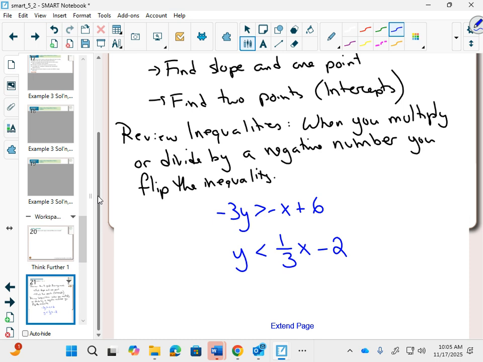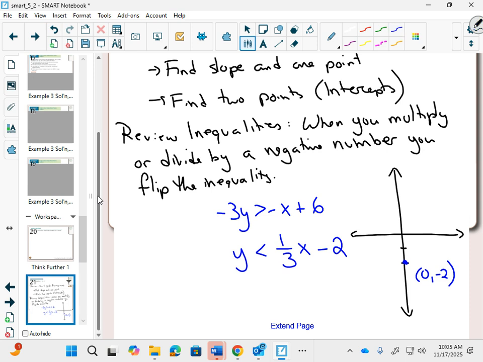So from here, if I wanted to graph that line, it is in y equals mx plus b form. I would know that the y-intercept is at 0, negative 2. I could use my slope to find another point. How?